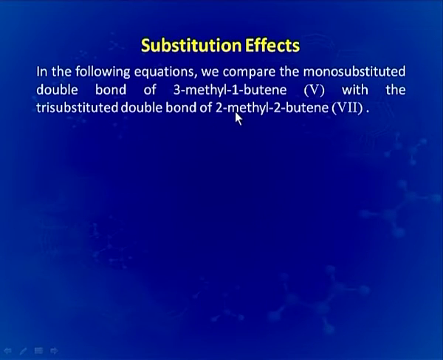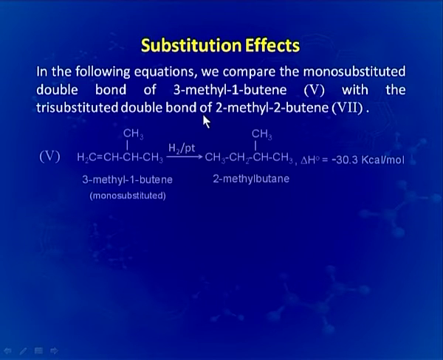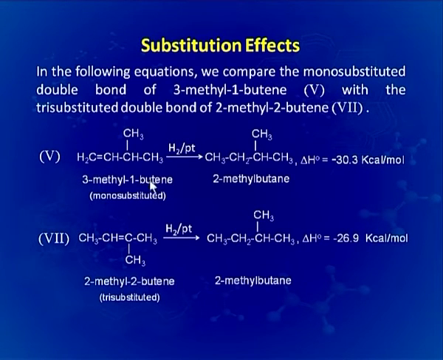To show the substitution effects, let us examine the following equations. We compare the monosubstituted double bond of 3 methyl 1 butene with the trisubstituted double bond of 2 methyl 2 butene. This is 3 methyl 1 butene, the monosubstituted case. It gives on hydrogenation 2 methyl butane. The heat of hydrogenation comes out to be 30.3 kilocalories per mole.